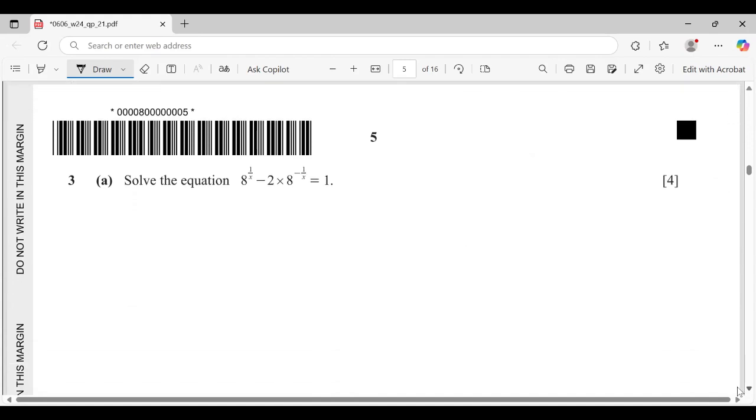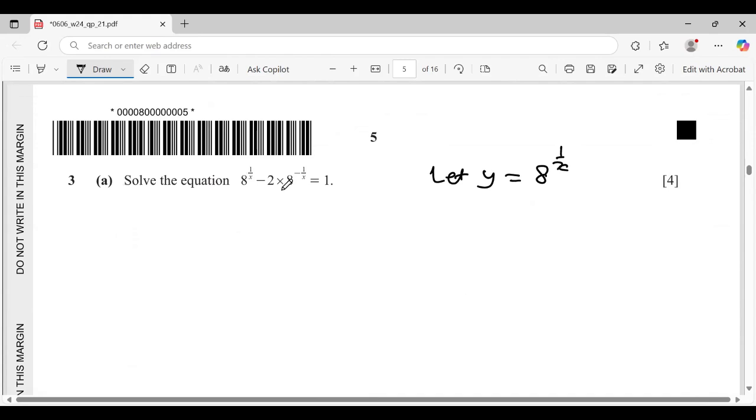Solve the equation 8 power 1 over x minus 2 times 8 power minus 1 over x equals 1. Okay, let y equal 8 to the power 1 over x.